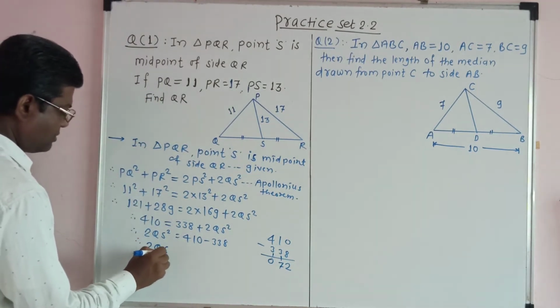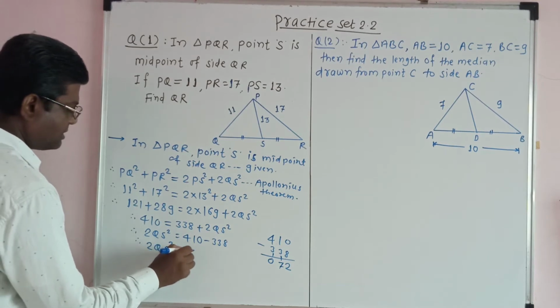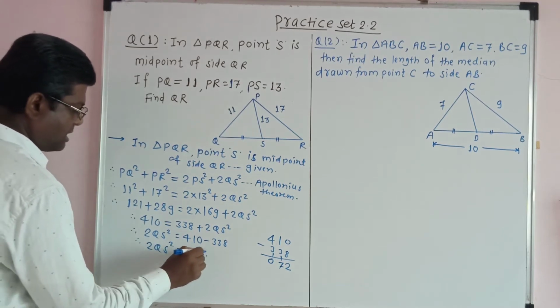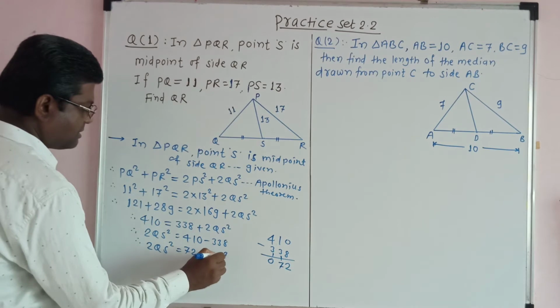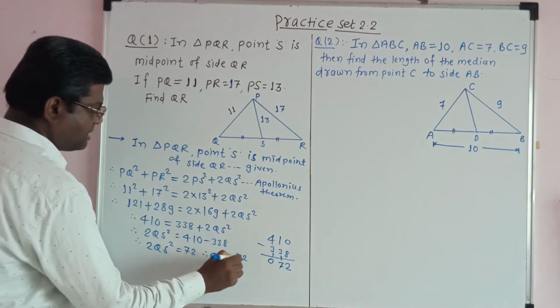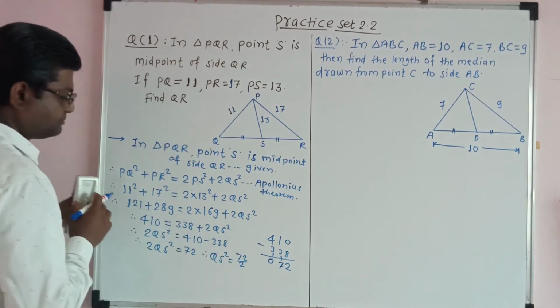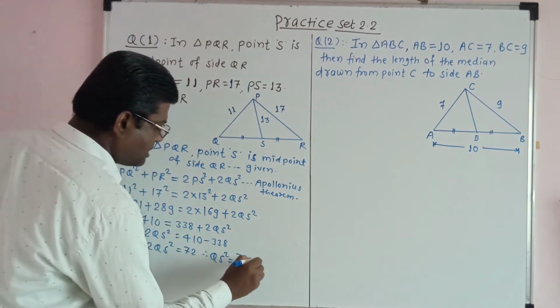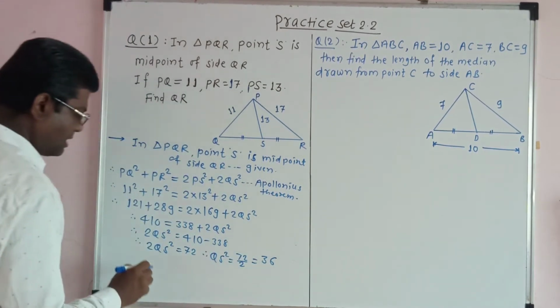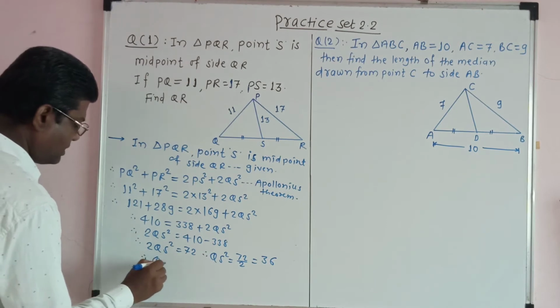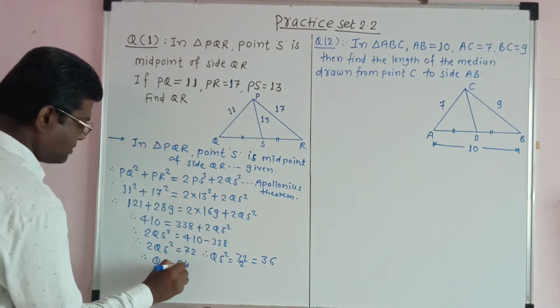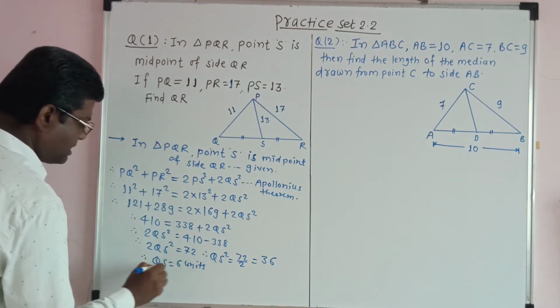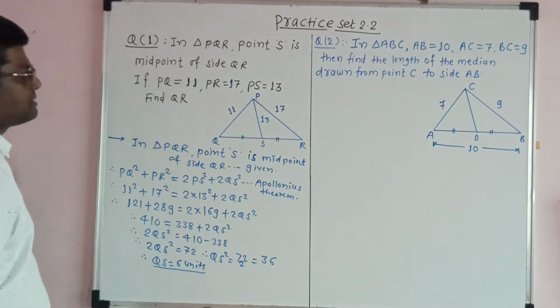Therefore 2 into QS square is equal to 72. Therefore QS square is equal to 72 upon 2, is equal to 36. Therefore QS is equal to 6 units.